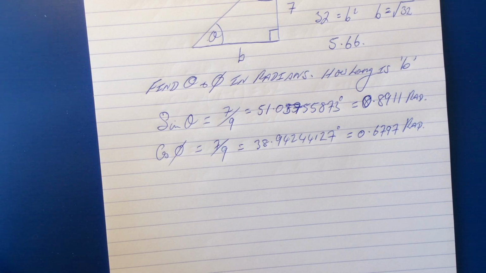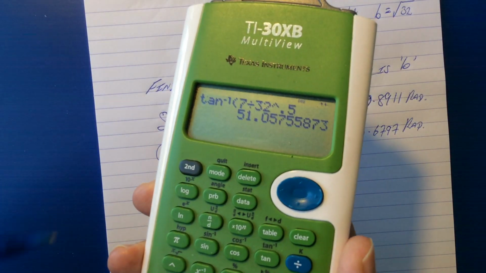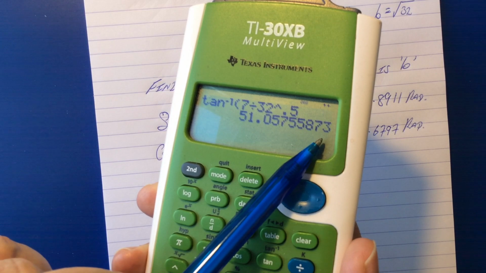So let's go straight to the tangent. 7 divided by the square root of 32, and we get exactly what we did before.